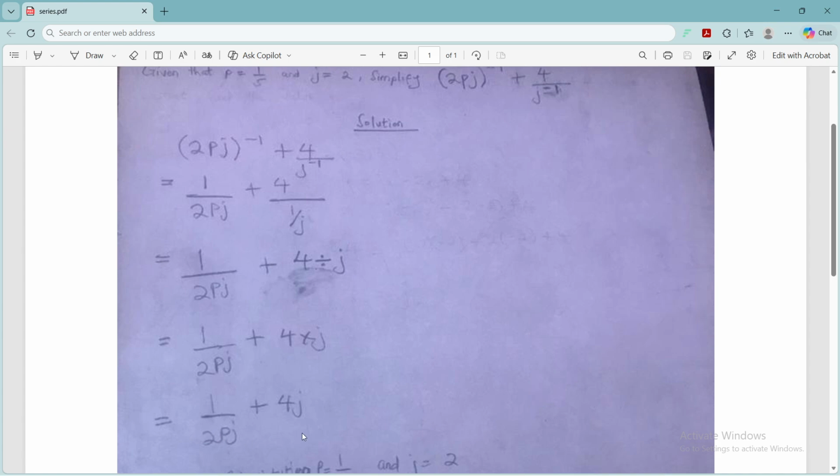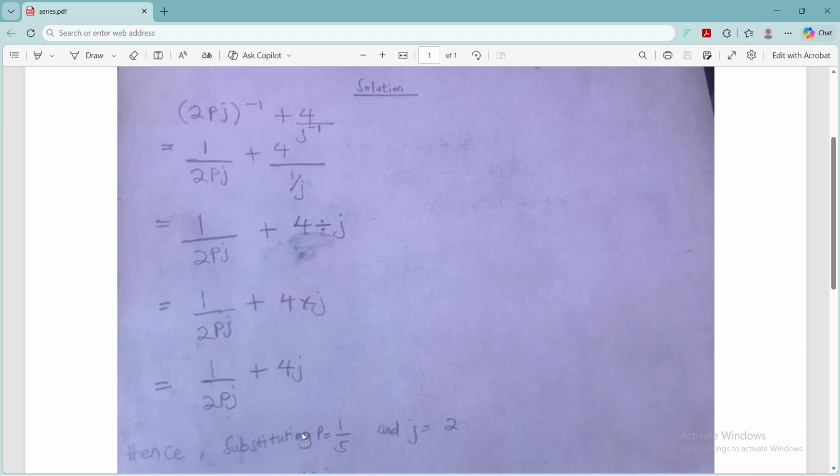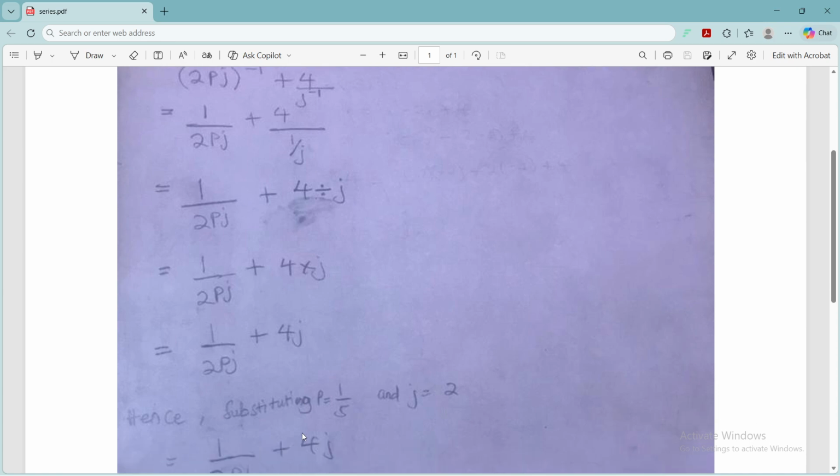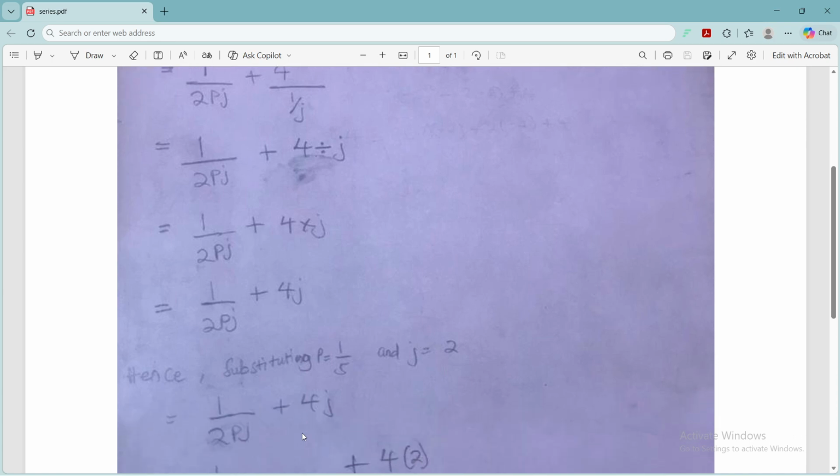So we substitute our given values into our expression to get our final answer, right? So we have our new expression to be the fraction 1 over 2pj plus 4j.